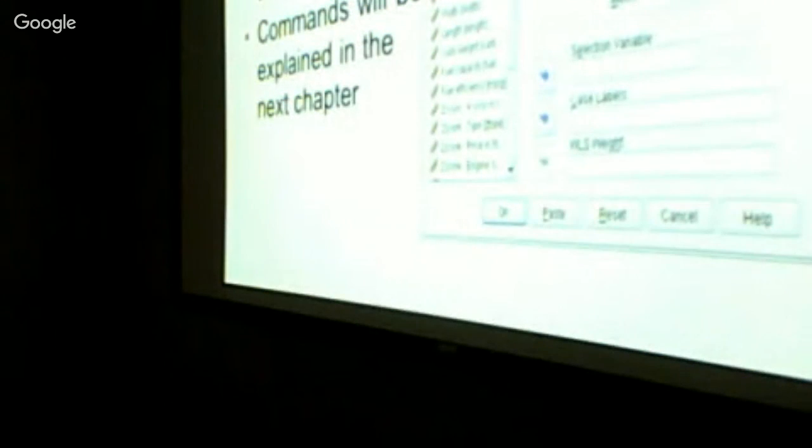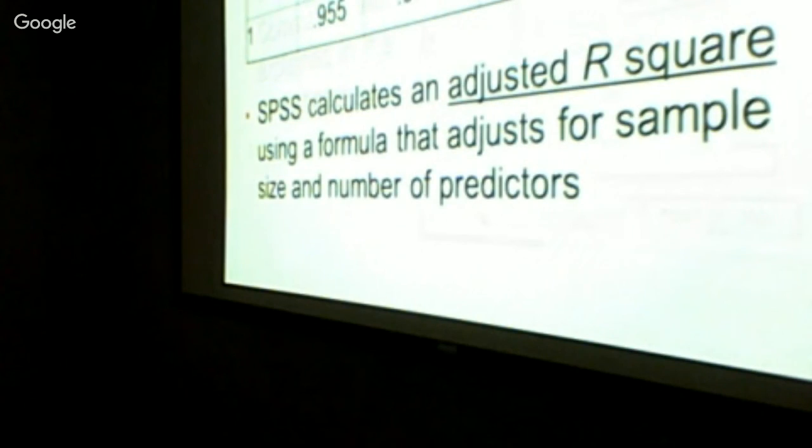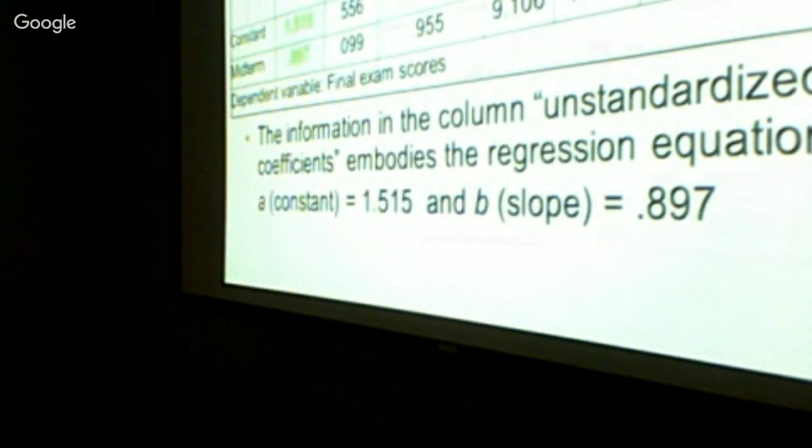If you do this in SPSS, you can use this and get the outcome like this. So note that when SPSS computes R squared, it gets a slightly different value because it's using a slightly different technique. And you can compute 95% confidence intervals as well if you want, and so forth.